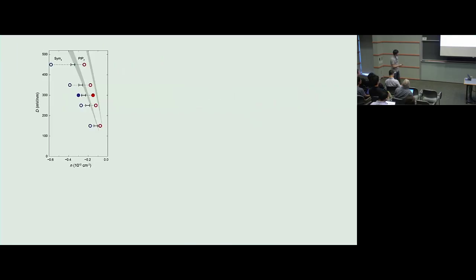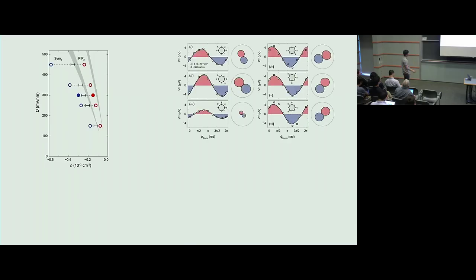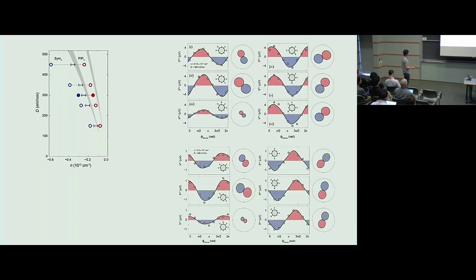For example, if you look at the n-D phase diagram again, what I was just showing you is this point in the PIP2 phase. If you were to tune across this phase boundary from PIP2 to symmetry 4, the magnitude of the response decreases by quite a bit with increasing density. And most importantly, you can see a sign reversal, right?